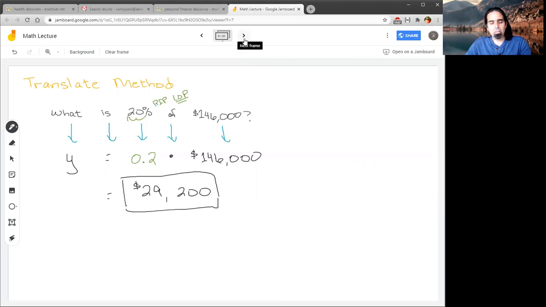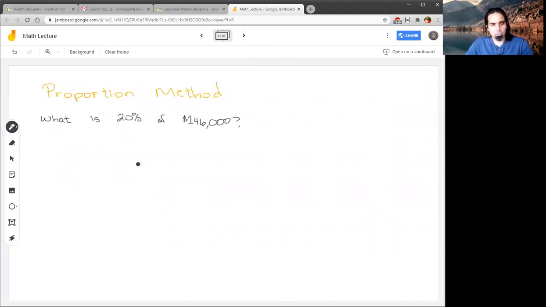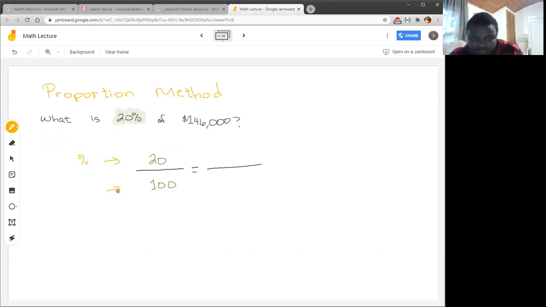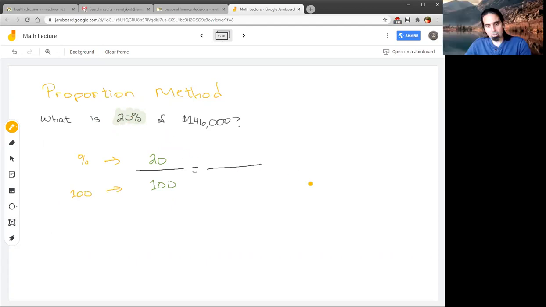The proportion method says that I make the skeleton of a proportion, fraction bar equals fraction bar. I take the percent and I set it up not as a decimal, but as a fraction. So 20% is 20 over 100. The bottom of this side is always 100, and the top is whatever the percent number was. On the other side, there's always something that comes after the word of.